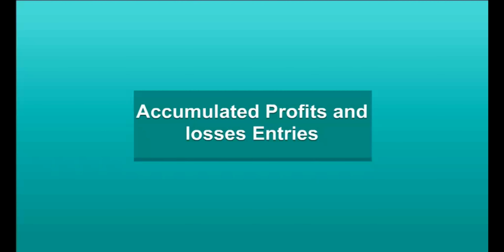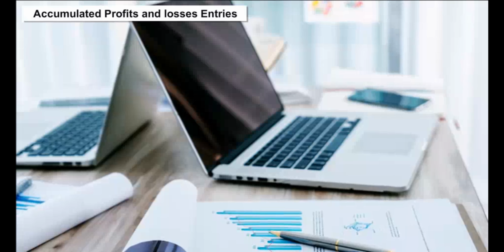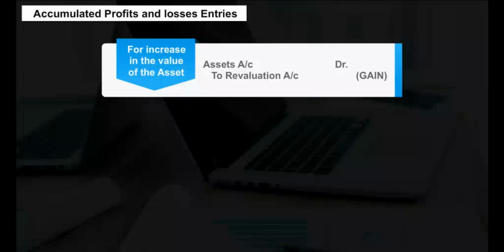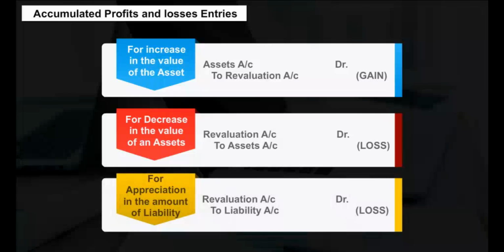Accumulated profits and losses entries. Journal entries for the revaluation of assets and liabilities. For increase in the value of an asset. For decrease in the value of an asset. For appreciation in the amount of liability.